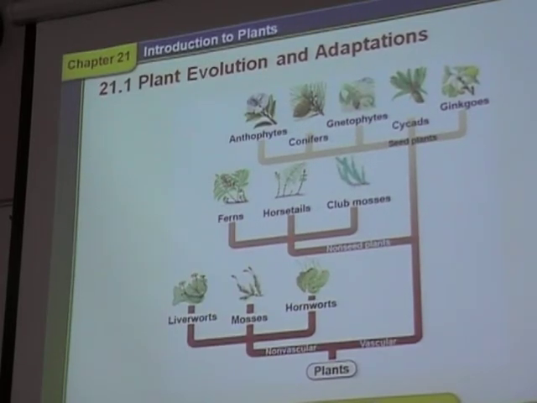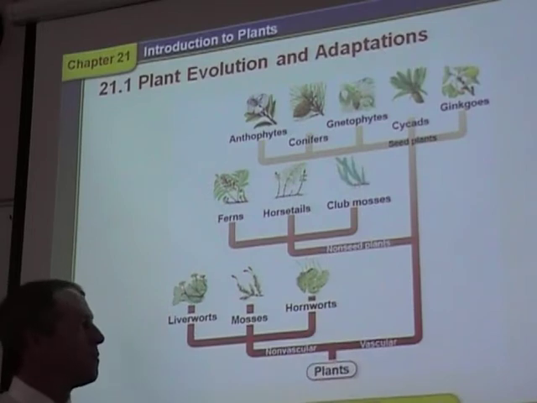Now, here's something we need to all learn. It's on page 608. Turn to 608, very important. These are all the different types of plants.